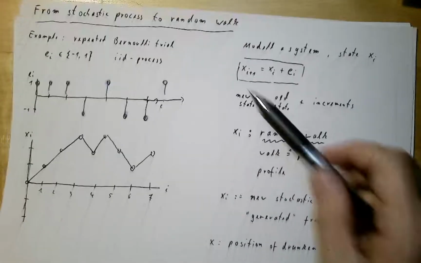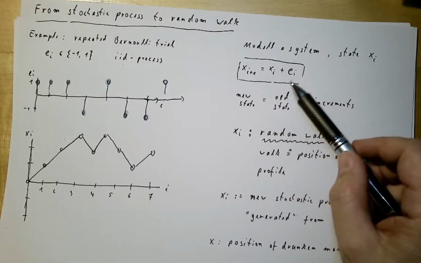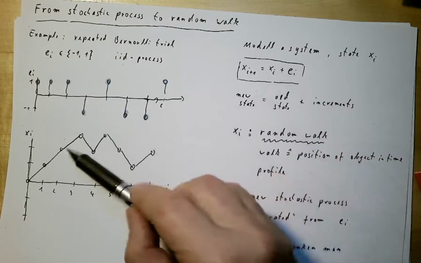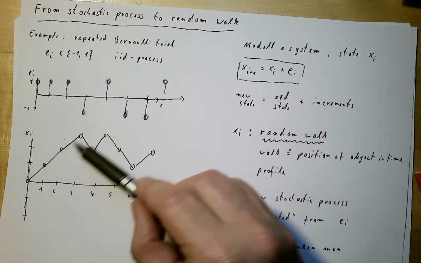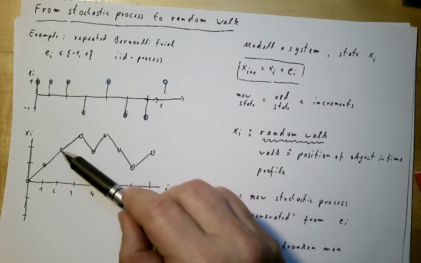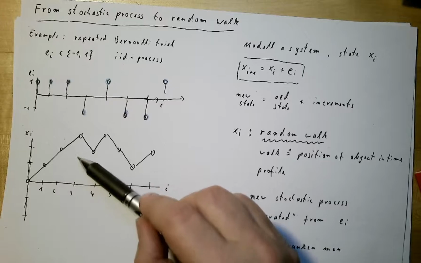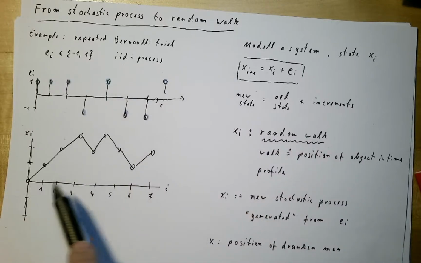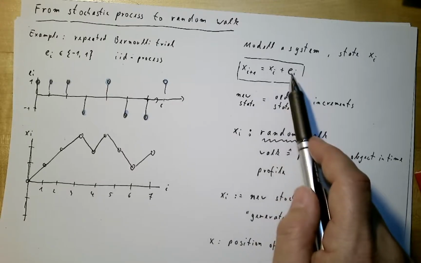You can still make the same construction, but if the e's are continuous, it means that the jumps from one time to the next are not of the same length, but sometimes you make a large jump, sometimes a small jump, whatever. But it's still a random walk. It's still discrete in time, but the increments can be really realistic.